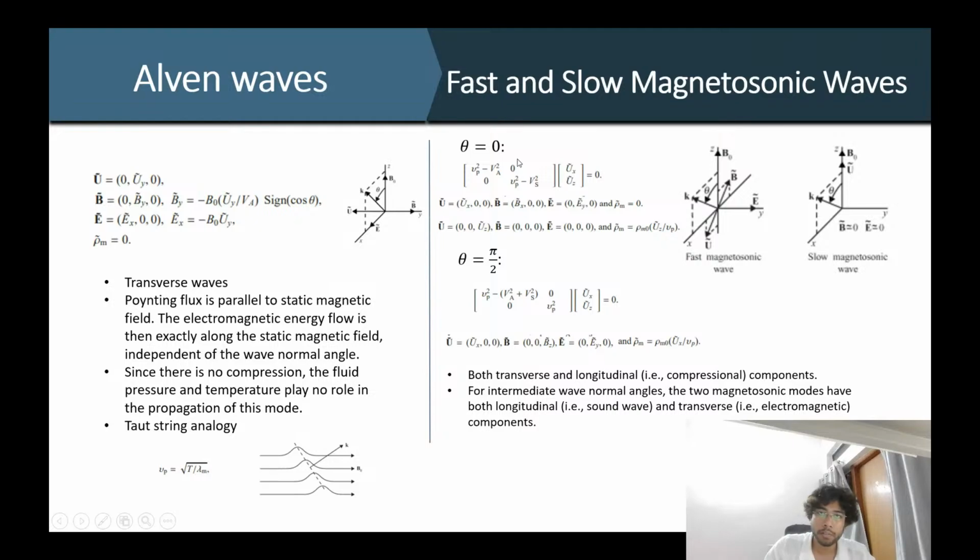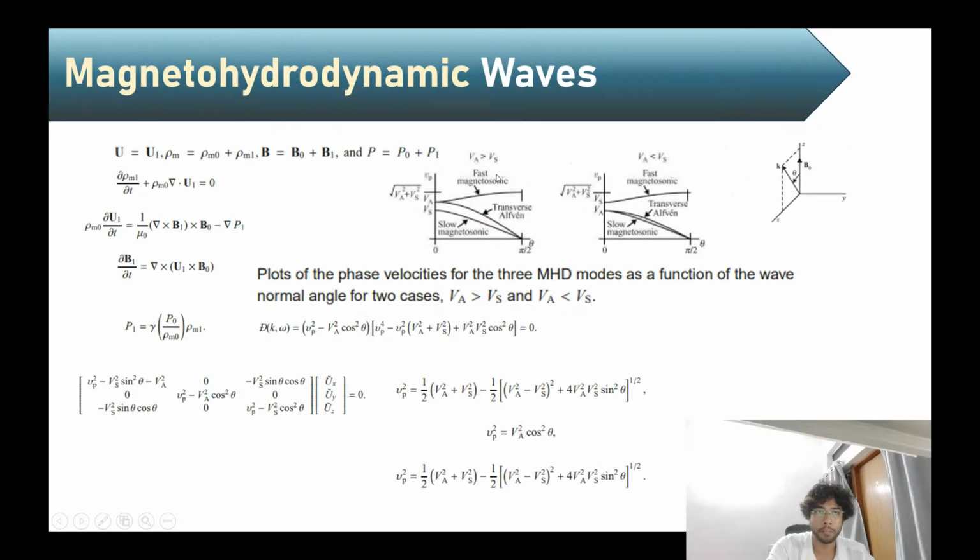Right. So now coming to the fast and slow magnetosonic waves. What are the directions of the magnetic and electric fields, and whether they are longitudinal or transverse and so on. So let's have a look at that. So this equation is what we get from this equation.